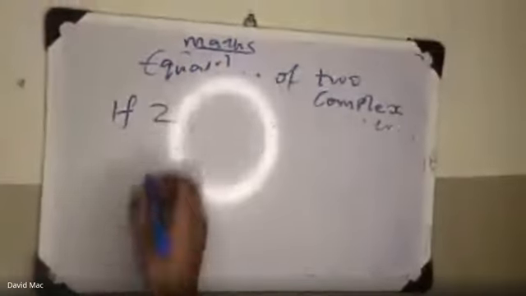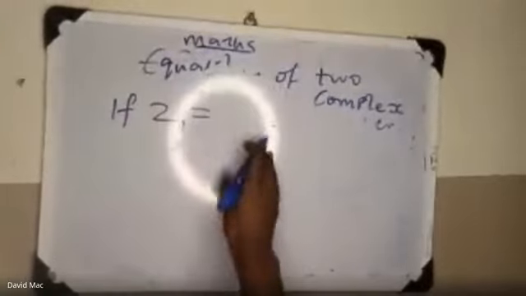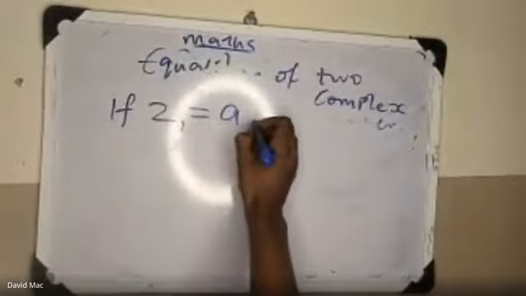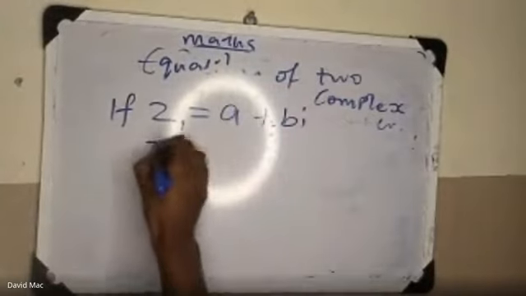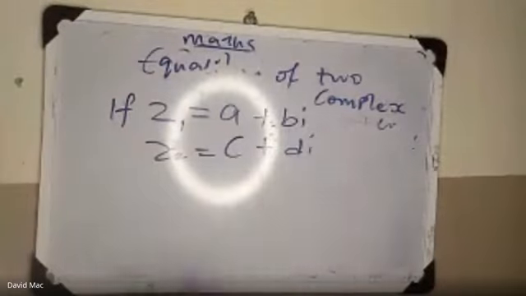So let's just talk about the addition of complex numbers. Example, follow me please, if z1 is equal to a plus bi and z2 is equal to c plus di, because in addition you are having two complex numbers. Remember, they are two complex numbers.